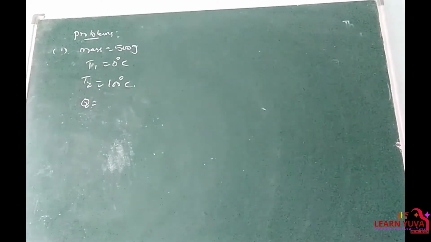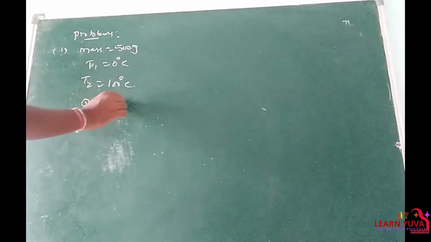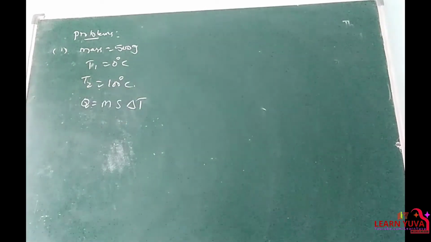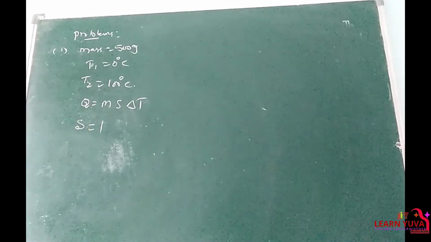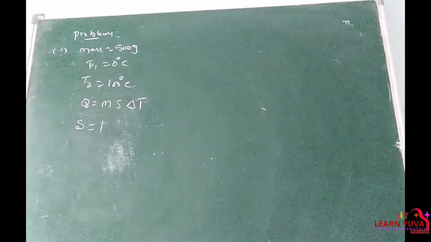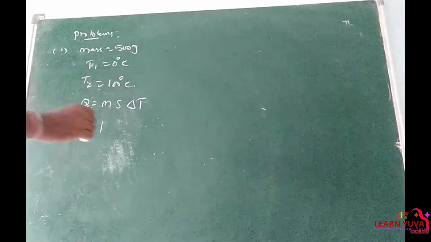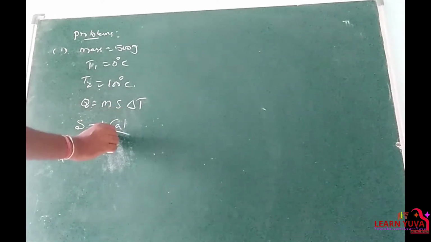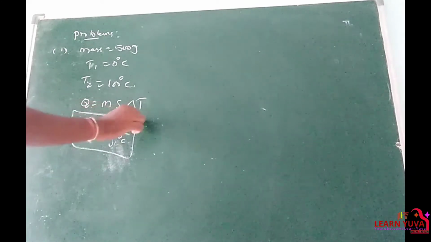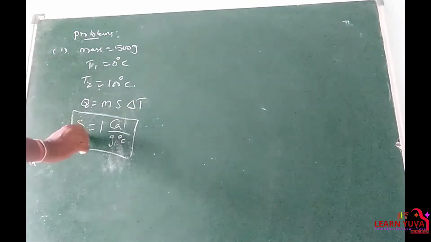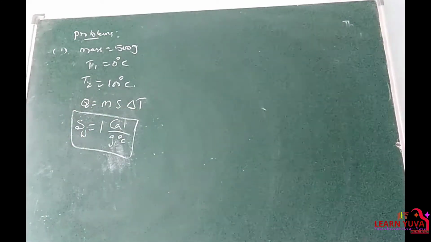Q is equal to MS delta T, right? Remember, specific heat capacity of water is 1 calorie by gram into degree Celsius. S value, S water is 1.